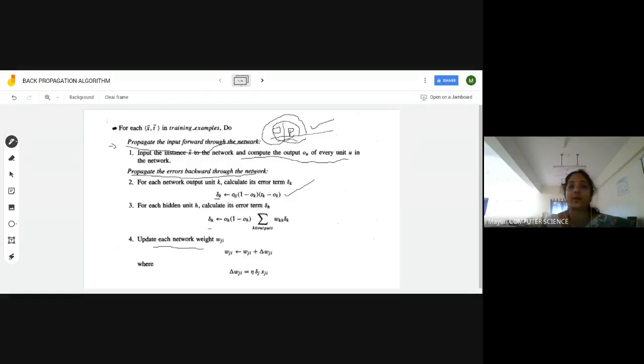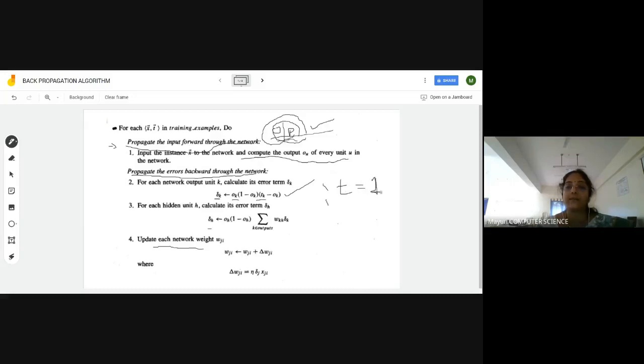So actual output, Ok, into 1 minus output. This Ok is the output that you have calculated at 6. We know that 0.474 is the output which I have calculated at 6. 1 minus that, and the target output. It is given in the question, where the target class value T is 1.